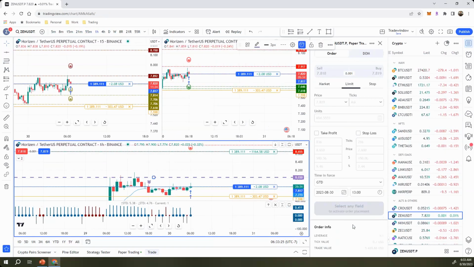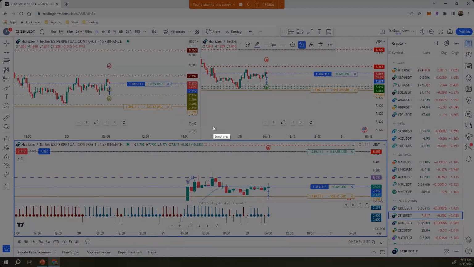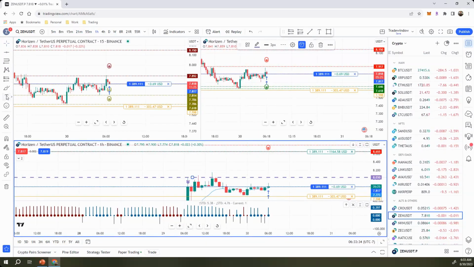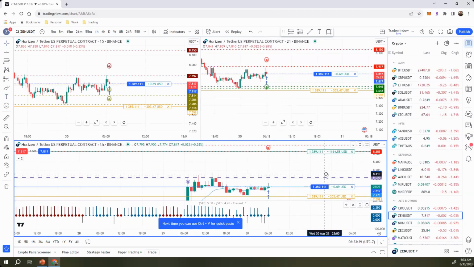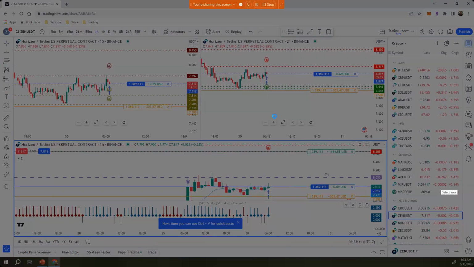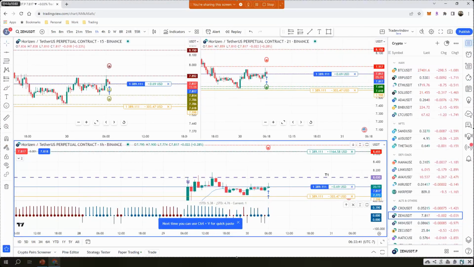So there we go, we do have it set up now. I just want to take a quick screenshot of this, and I'm going to put a text here just so we know that's our T1 right there, just so we know what we've got going on. All right, take a screenshot. 2023 0830 Zen USDT, and this is the entry.